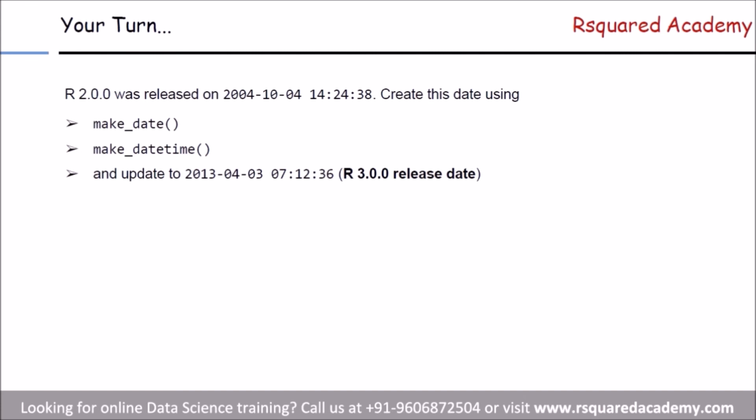So 2.0 was released on 4th October 2004; you will update it to 3rd April 2013 when R 3.0 was released, right? Again, these questions are in the PDF in the learning management system, and we have also given the solution in the R script. So try to answer these questions and then compare your solutions with the ones that we have given.